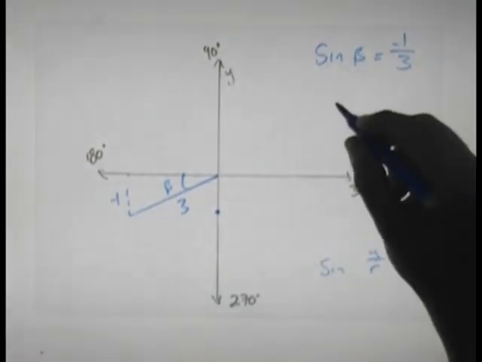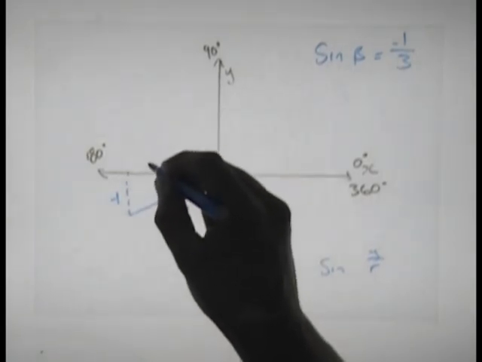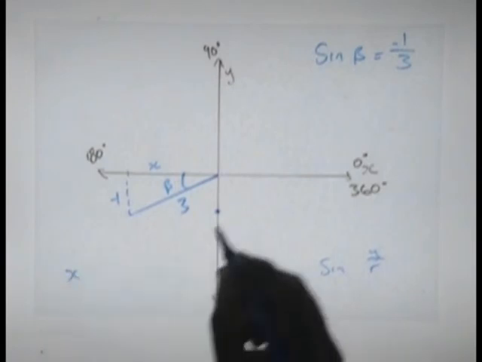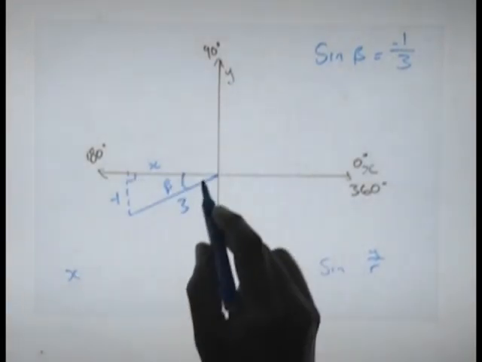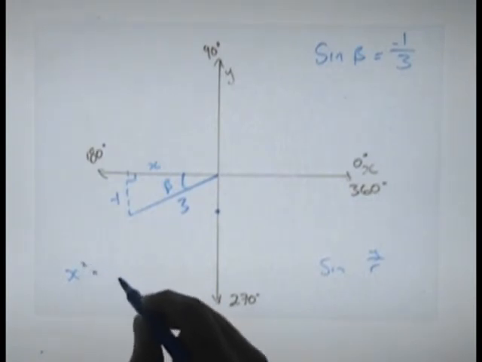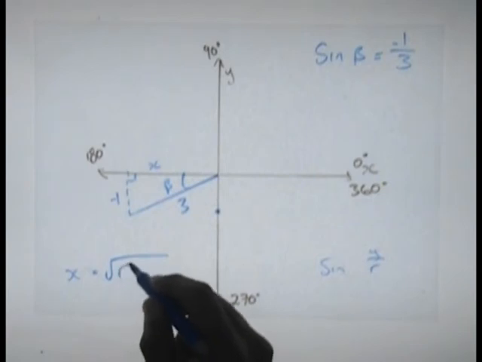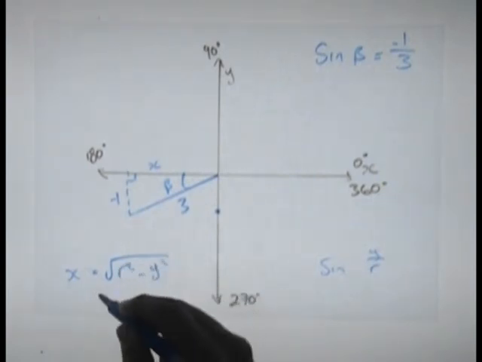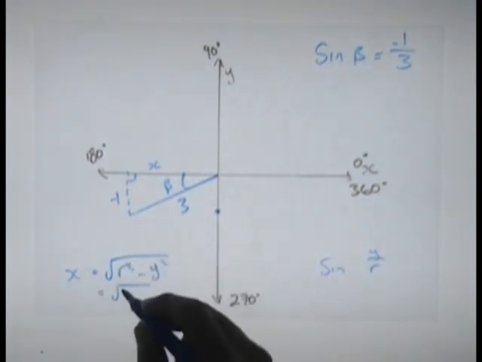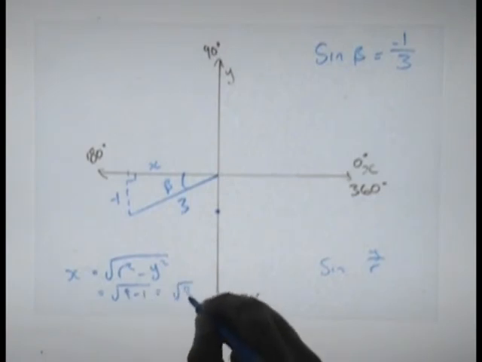Now, to get our x value, again, if we needed to, this is a right angle triangle, right? So x squared would equal r squared minus y squared. That means that x is equal to the square root of r squared minus y squared, which is equal to the square root of 3 squared, which is 9, minus 1 squared, which is 1. 9 minus 1 is equal to root 8.